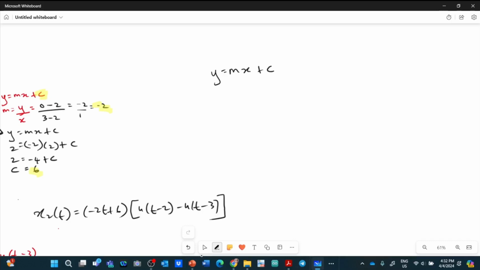The equation of the ramp, what did you get? Minus 2x plus 6.